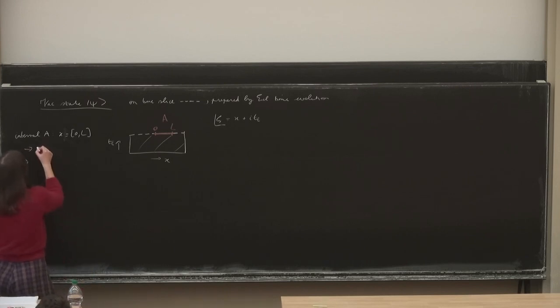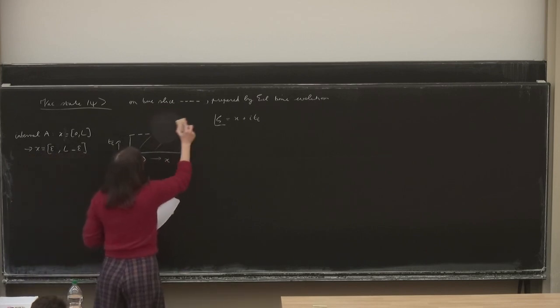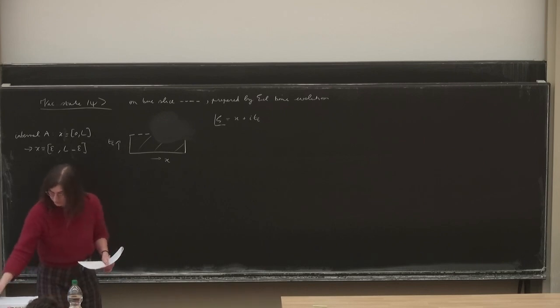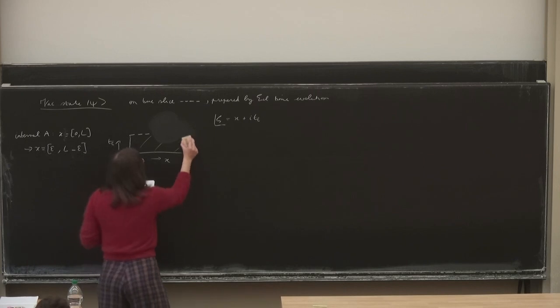So actually, let's consider our interval A to start at this UV cutoff epsilon and end at L minus epsilon. So you put a symmetric UV cutoff at each endpoint of your interval A, okay? So I remake my figure for this to be epsilon and L minus epsilon, okay? So that, actually, I'll draw it a little bit bigger.